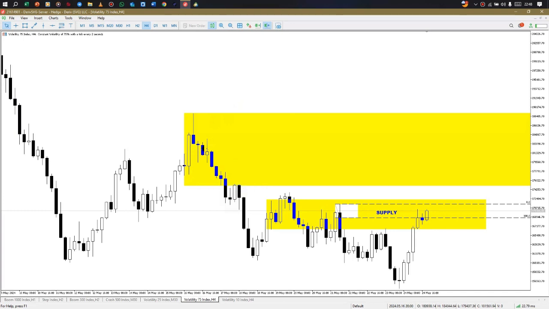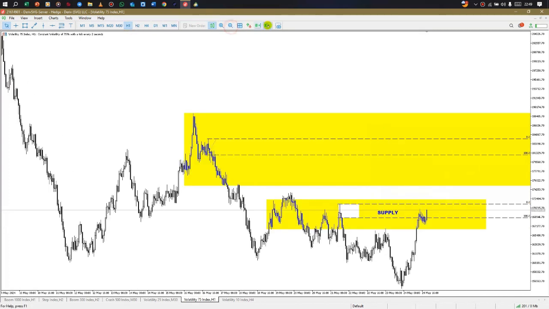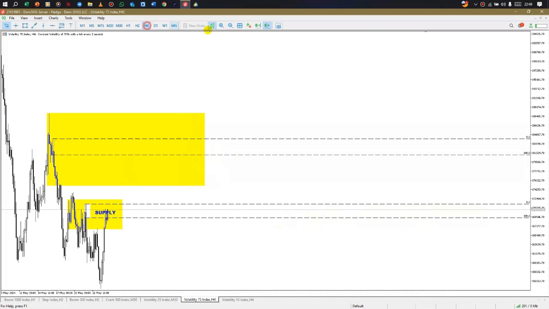So you can see already we have this drop based drop supply zone here. Yeah, that's the only valid zone here on the 4 hour time frame.